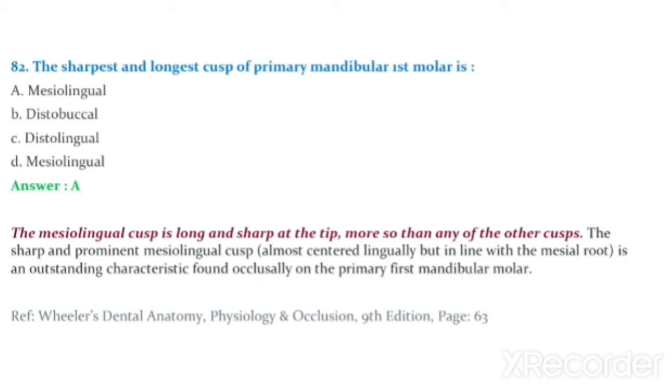Reference from the Wheeler's Dental Anatomy, Physiology and Occlusion, 9th edition, page number 63.